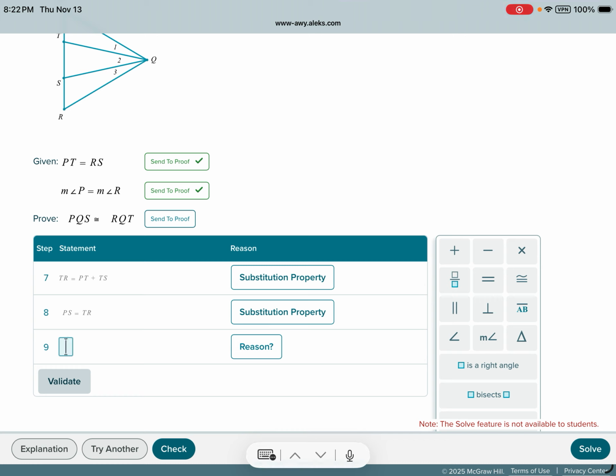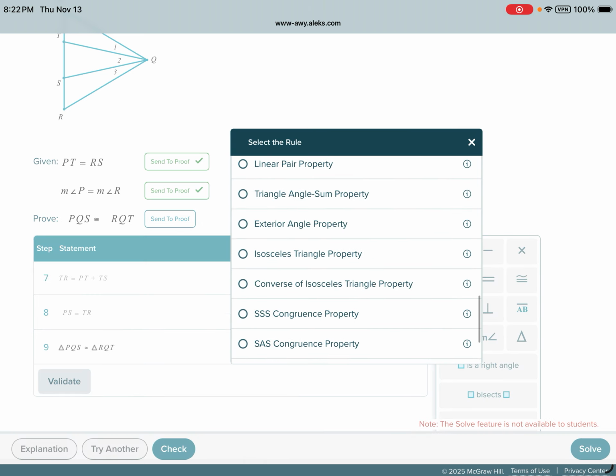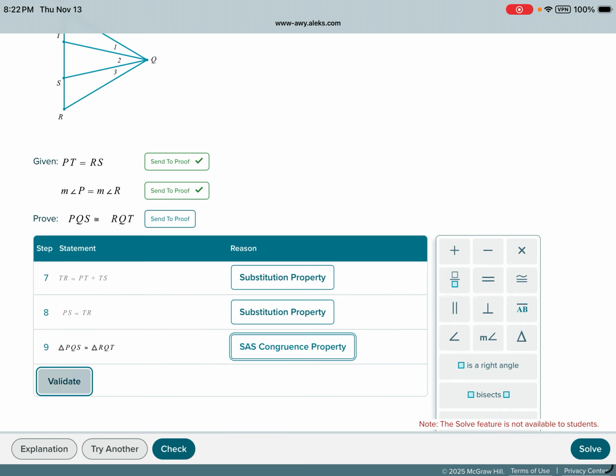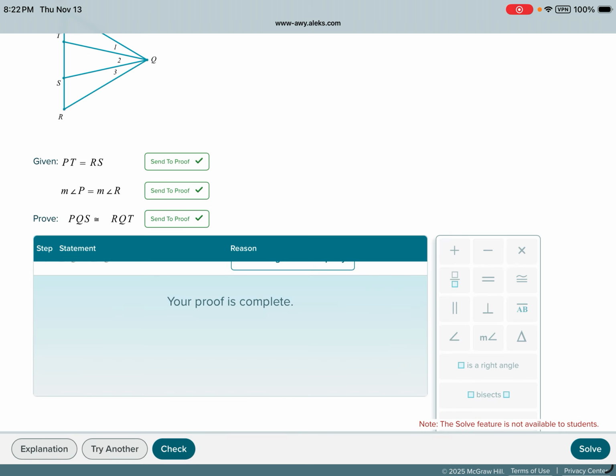No whammies. There we go. Woohoo! Whew. We got there. And now I can finally say that those triangles are congruent by side angle side. My proof is complete. And we're going to check it.